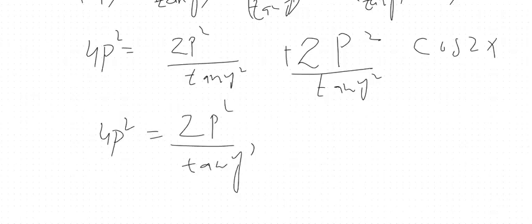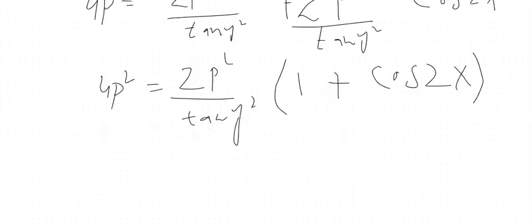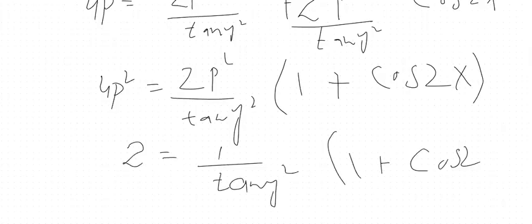Then dividing by 2P squared on both sides, we have 2 equals 1 by tan squared y times 1 plus cos 2x.